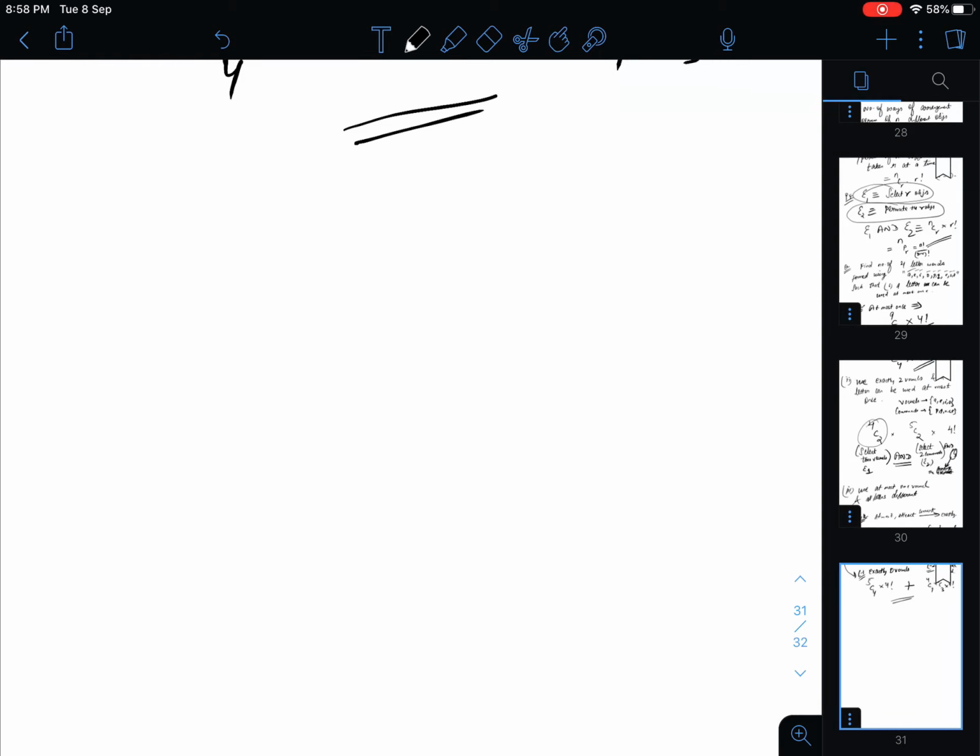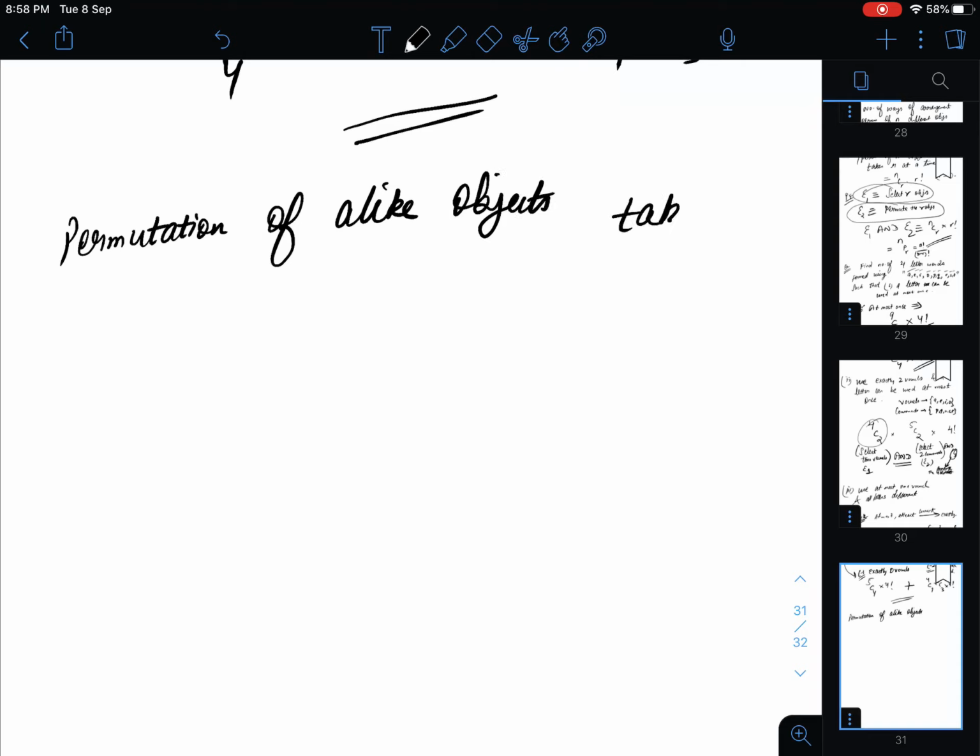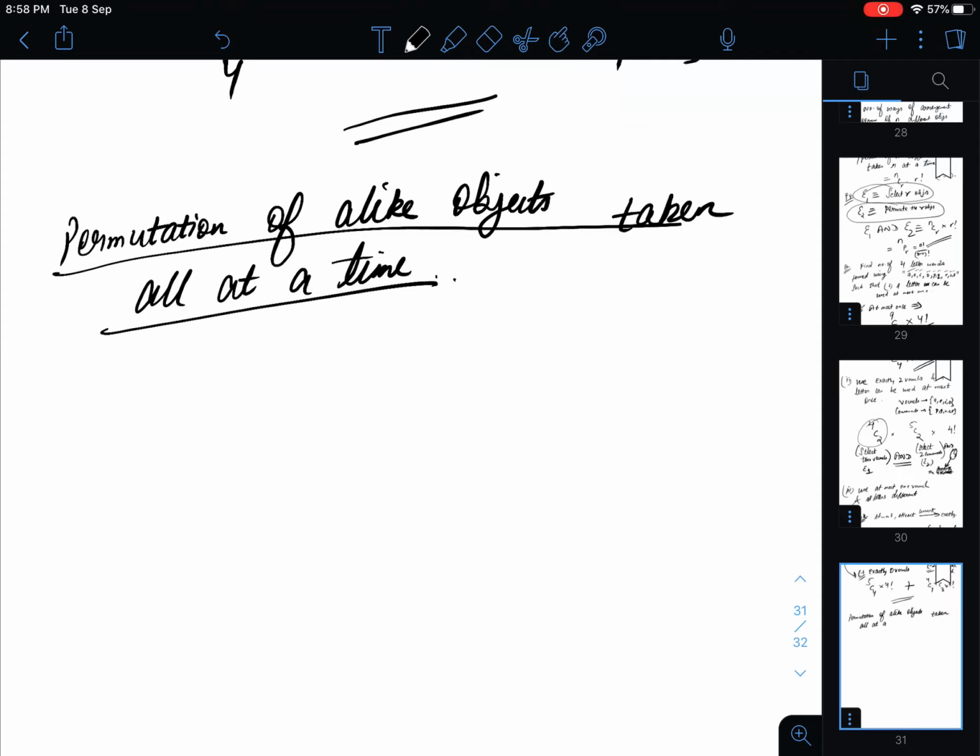The next concept is permutation of alike objects taken all at a time. All right.